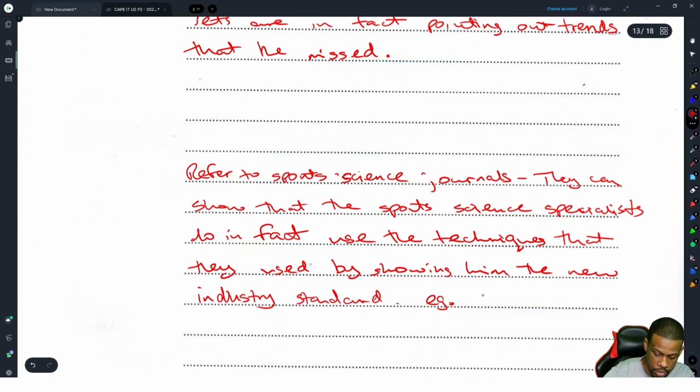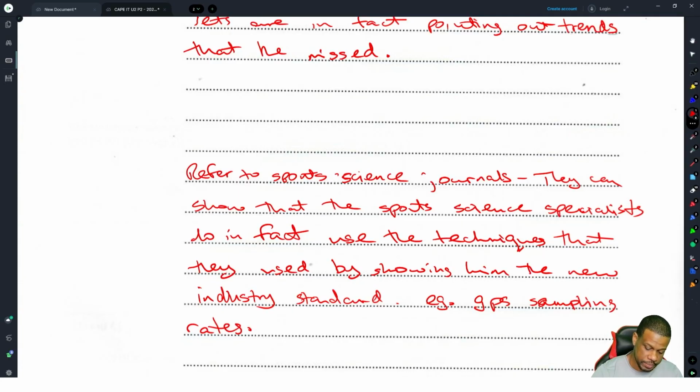Example, GPS sampling rates. All right, we'll go with that. GPS sampling rates as a good thing.